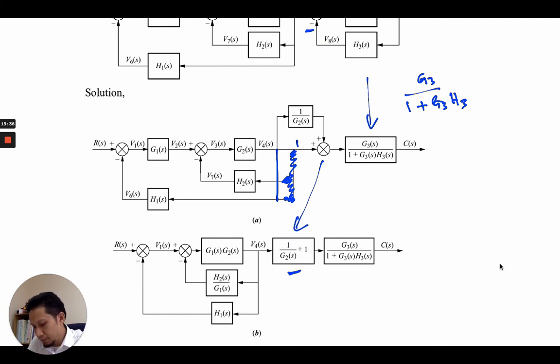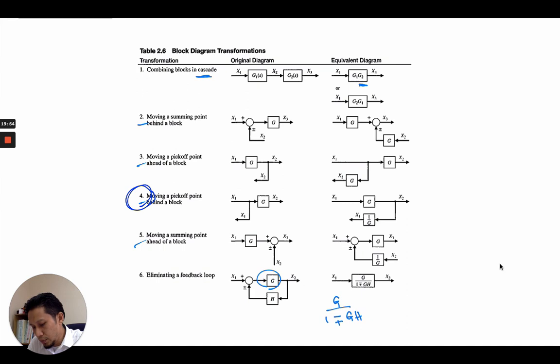Okay, next one, we can move G1 in front of the summing junction. So when we move in front of the summing junction, you can refer to table 2.6 here. Okay, so let's look at number 5.